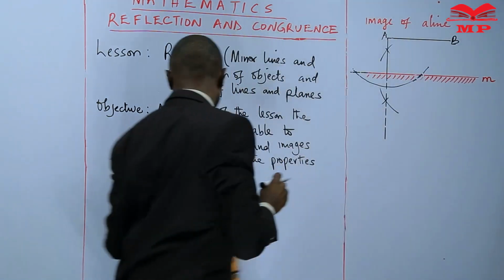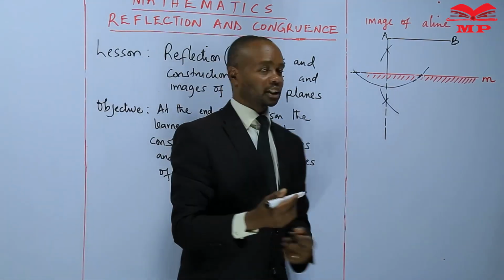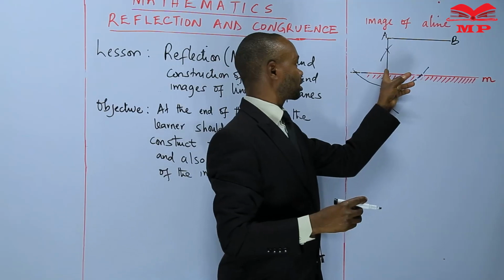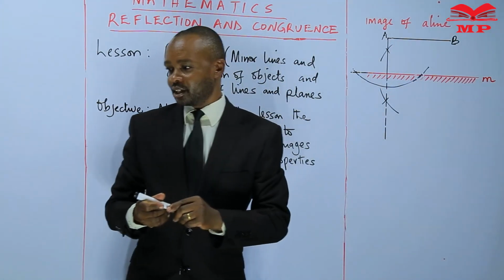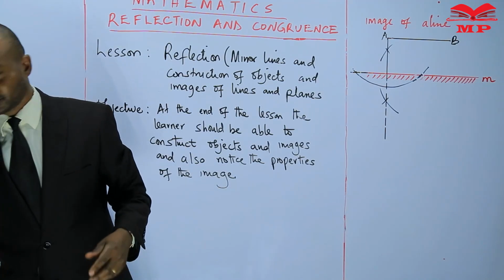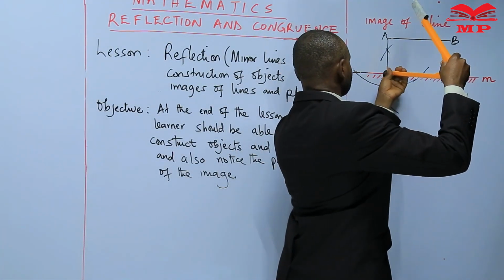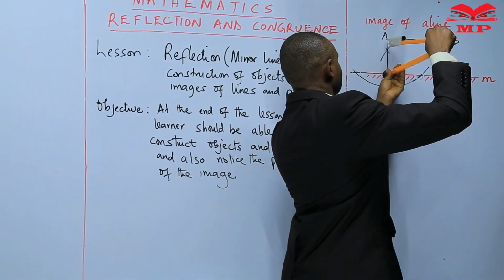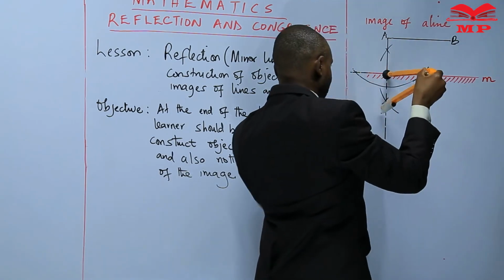After doing that, which highlights one of the properties you shall get, the distance of the object from the mirror will be the distance of the image from that mirror. So you'll take this distance at the intersection. You strike there.